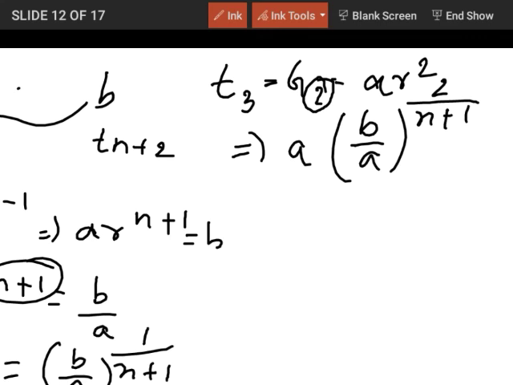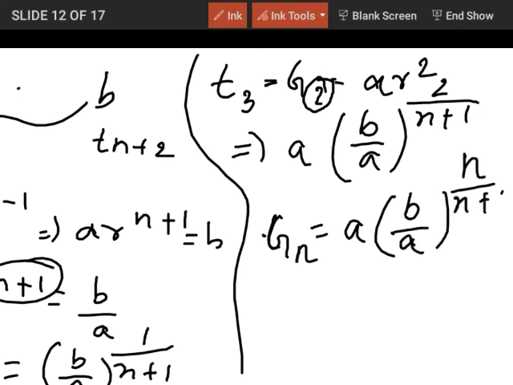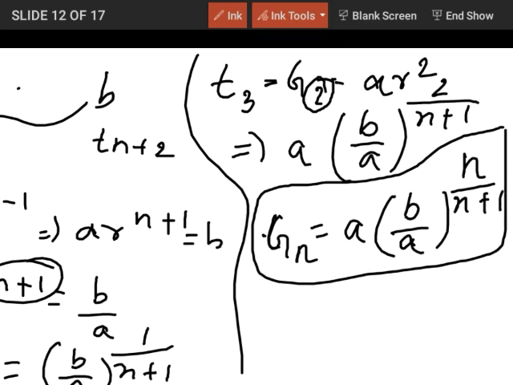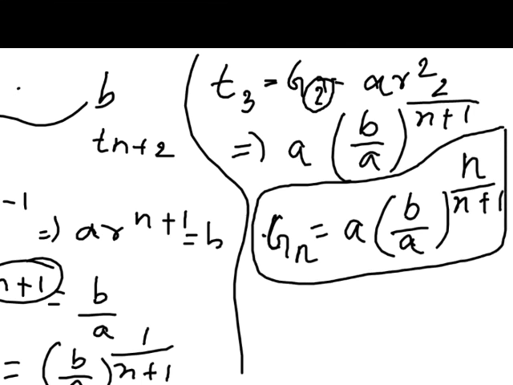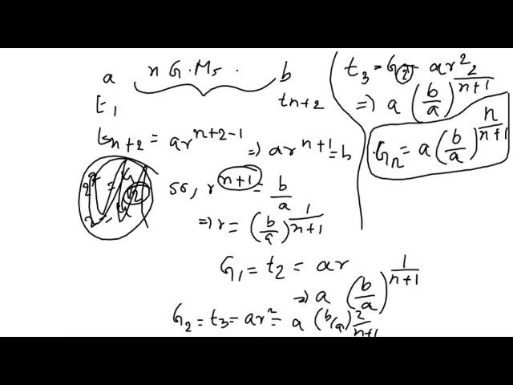So if you continue this pattern, you will find that the nth geometric mean is nothing but a multiplied by (b upon a) raised to the power n upon n plus 1. So this will be the form of the nth geometric mean, right? I am telling you again and again, we are just generalizing a pattern that we see. I hope that this is clear.